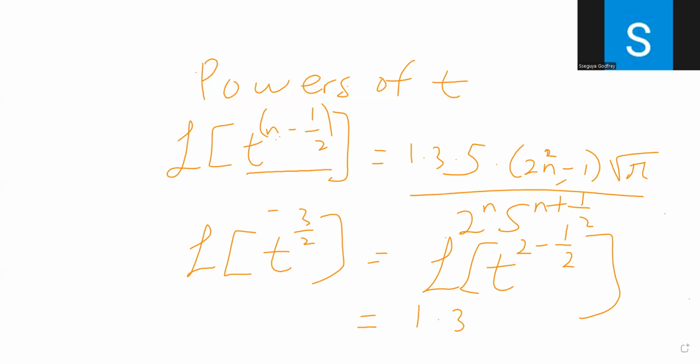We have got this first one, which is 1 times 3, after putting this last term of 2n minus 1, then times root pi all over 2 to the power 2 plus a half, which is equal to 3 root pi all over 4, is 5 over 2.